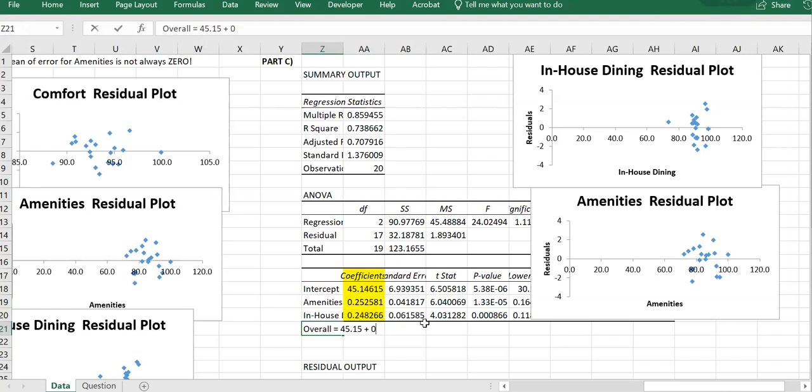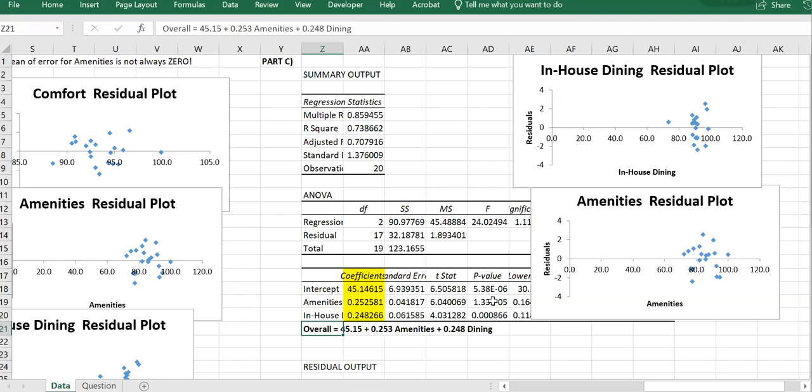So it's going to be 0.253, plus the coefficient for in-house dining times dining. All right, so now I have a second model.